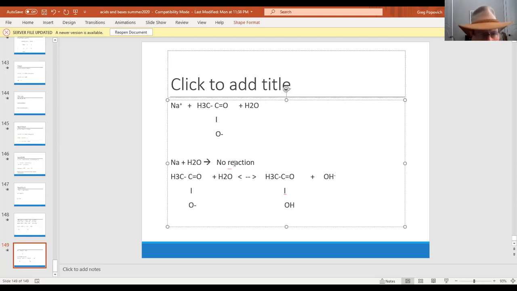There's no reaction, but the acetate does react with water to protonate the negative oxygen, making acetic acid again. Plus, it generates OH minus, which is a strong base. So that's why when you put sodium acetate in the water, you make a pH that is higher than it was before. Does that make sense, Ethar? Yes. We're going to go through that in detail today. Thank you.